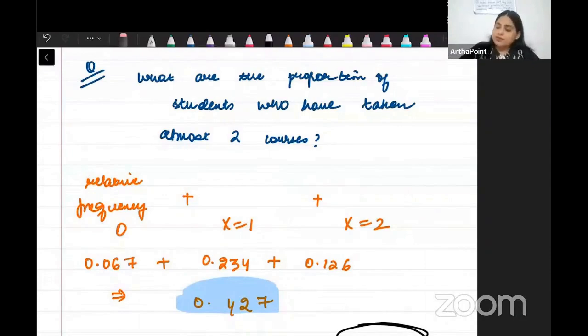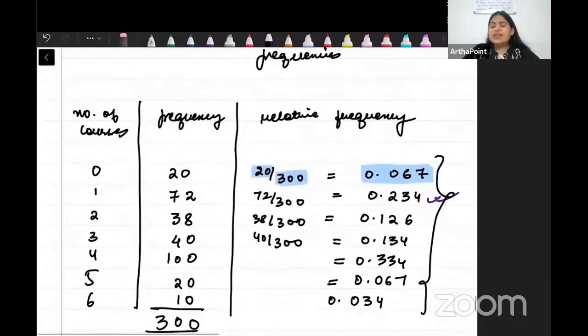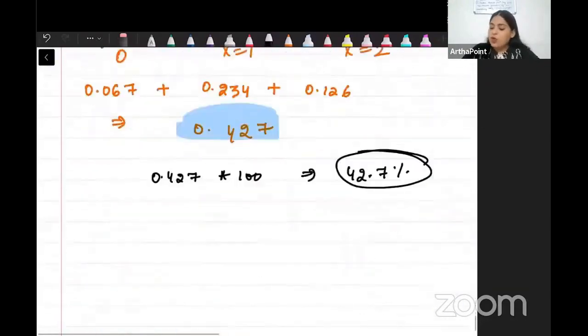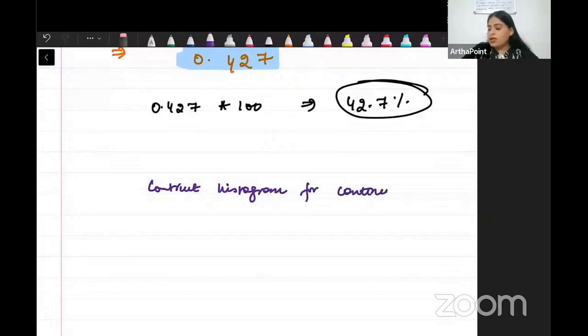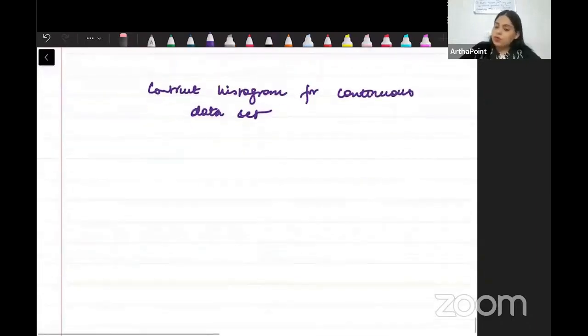Now, but this is discrete data. Now I want to go ahead and I want to construct histogram for continuous data set. So whenever you have to go ahead and you have to draw a histogram for continuous data set, what will you do?